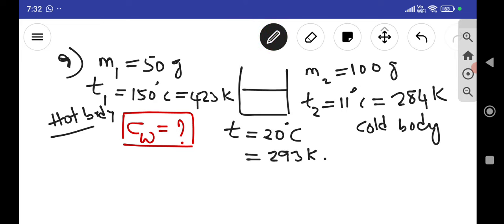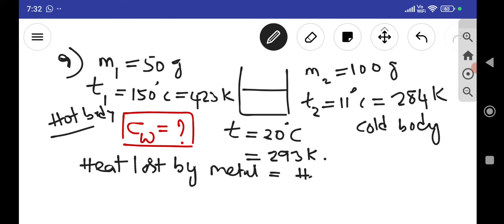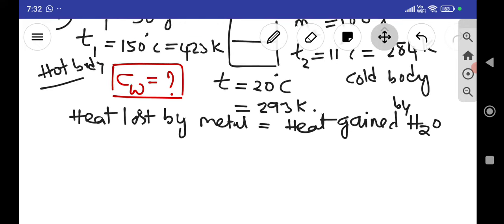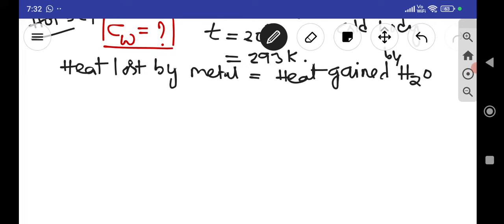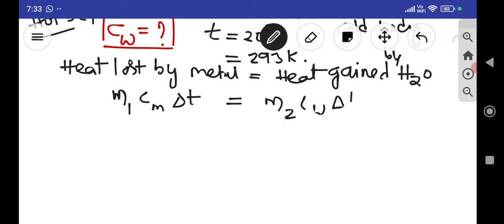So you know the principle of calorimetry. What is the principle of calorimetry? That is nothing but heat lost by your metal is equal to heat gained by water, because it is cold water, so therefore it gains heat. Now substituting the formulae, we can write it as M1 C of metal delta T is equal to M2 CW delta T. So we can take it as 50 into C, we don't know.